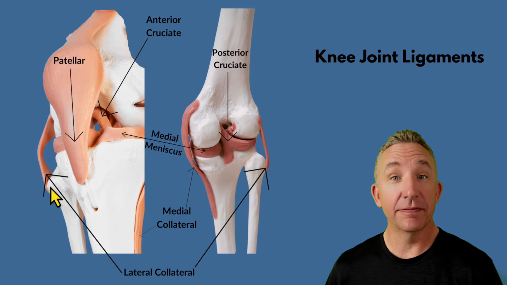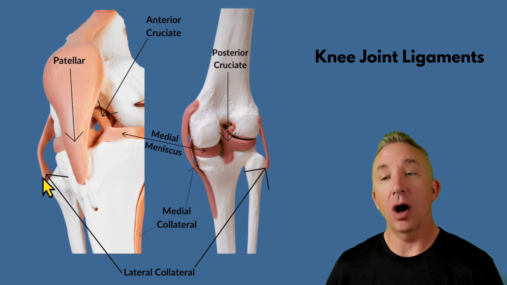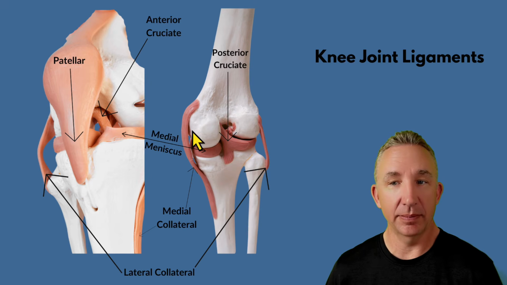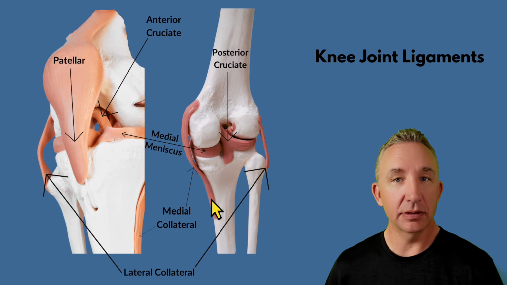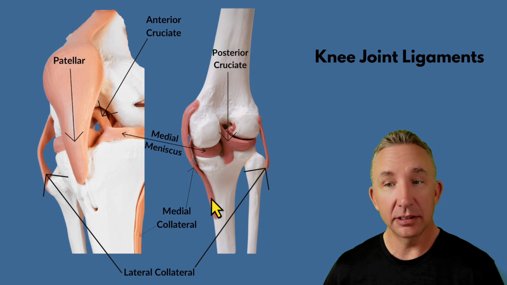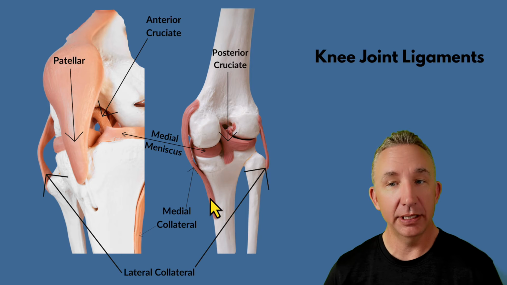It's also called the fibular collateral ligament, but most refer to it as the LCL, lateral collateral ligament. On the opposite side, the medial side, I see medial collateral ligament because it's connecting from the tibia up to the femur. So it's also called tibial collateral ligament, but in many cases they refer to, again, MCL, medial collateral ligament. So I have my collaterals on my lateral and medial side.